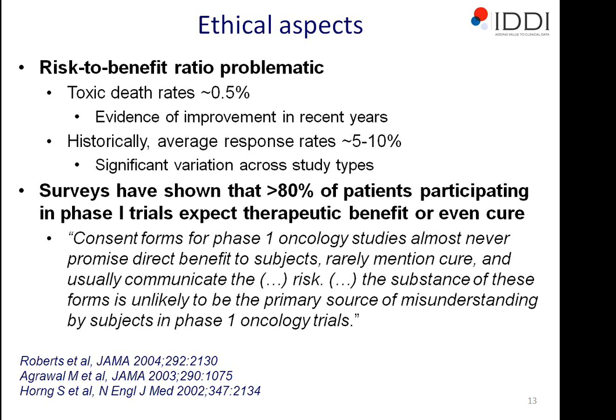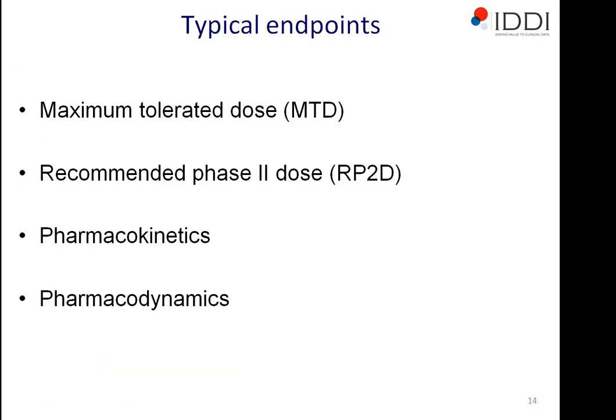And the analysis of consent forms showed that it's not something in the consent forms themselves, because a direct promise of benefit is never made, and cure is rarely mentioned. So there must be something else in human nature that accounts for the misunderstanding that exists in phase 1 trial participants.